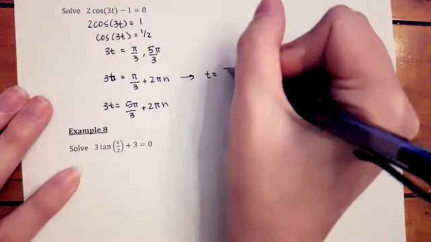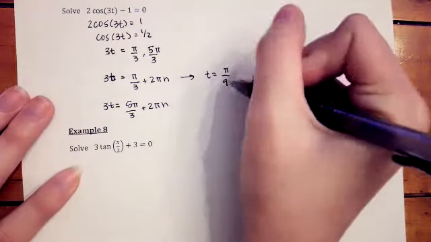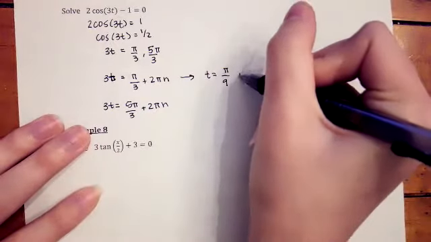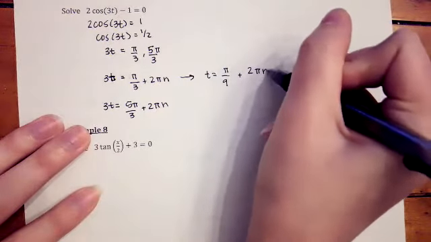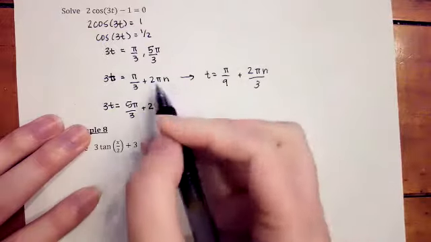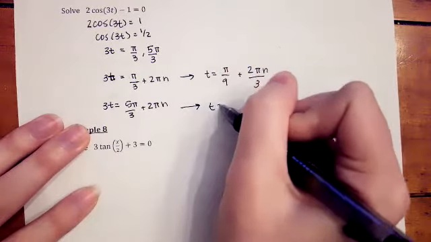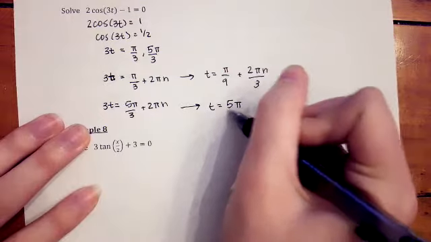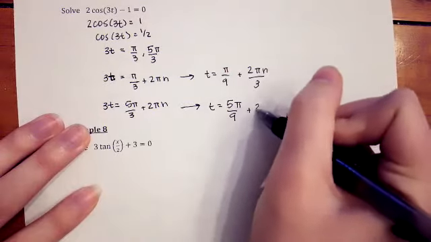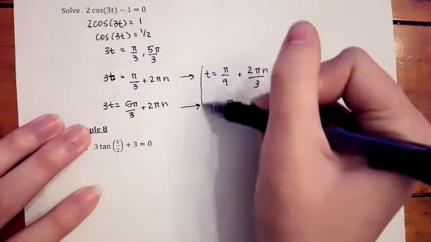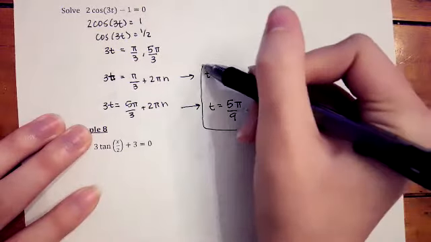So I'm going to have that t is equal to pi over 9, because I divided by 3, so my new denominator is 9, plus 2 pi n over 3. I divided this thing by 3 as well. So then the second one will yield 5 pi over 9 plus 2 pi n over 3. And these are going to be my 2 general solutions for this problem.